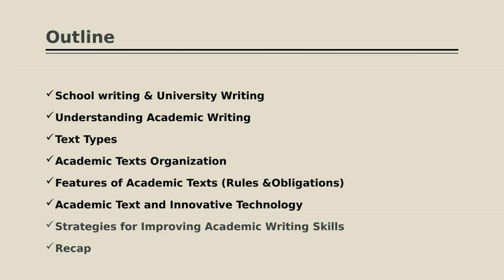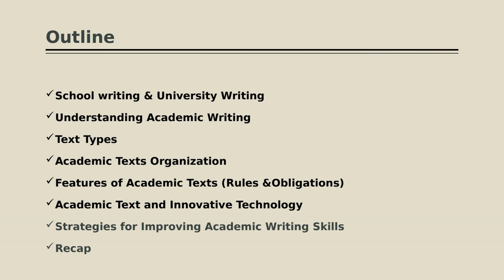And then we'll be looking at academic text and innovative technology, and this is one of the key, let's say trendy, issues nowadays: that we're using technology in academic writing, what regulations we should follow, and how we would use technology in academic writing. And this will also be briefly mentioned.